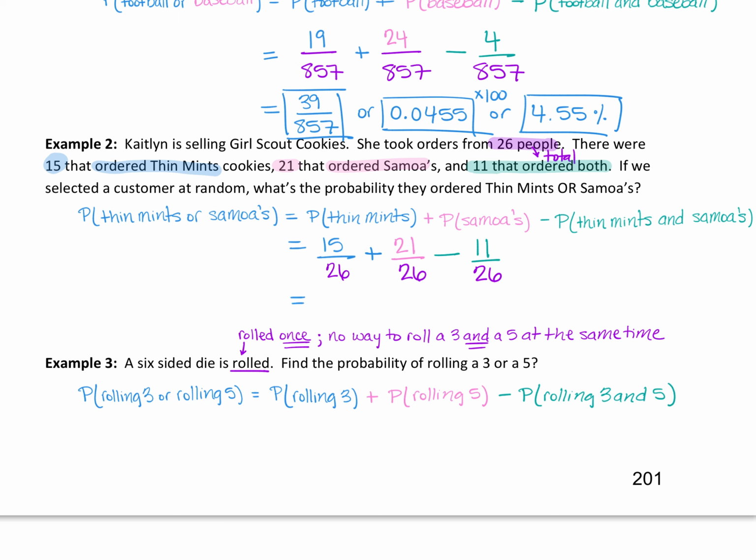So typing that into our calculator, we end up getting 25/26, or writing it as a decimal, that is 0.962, or writing it as a percent, that is 96.2%.